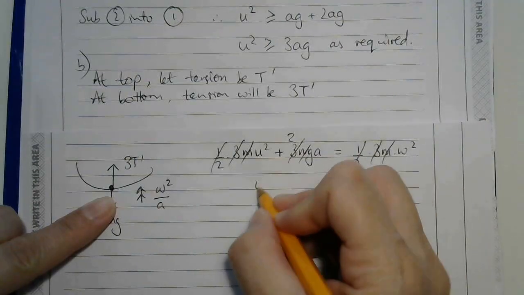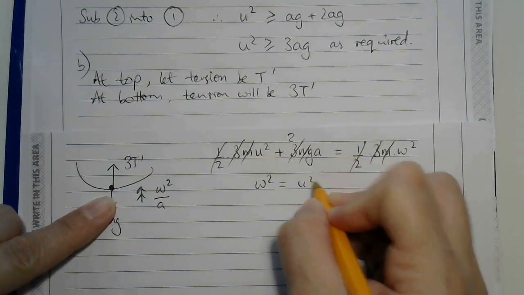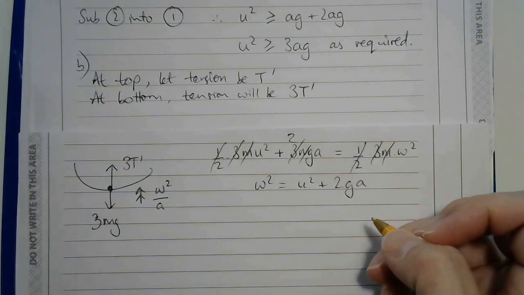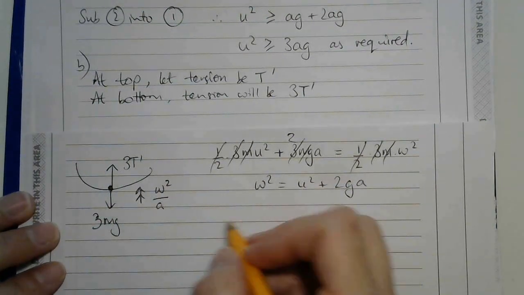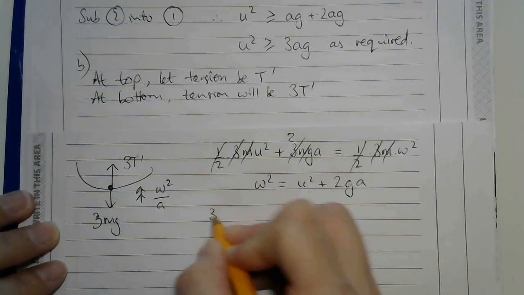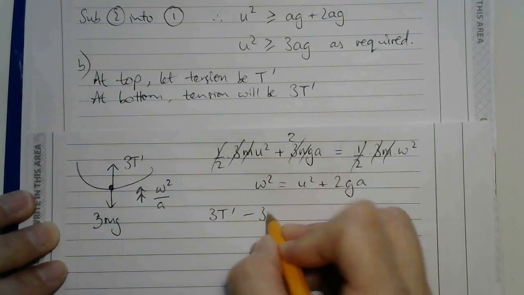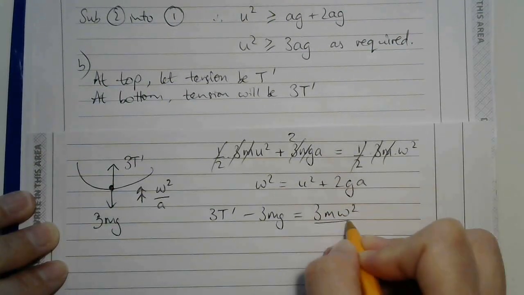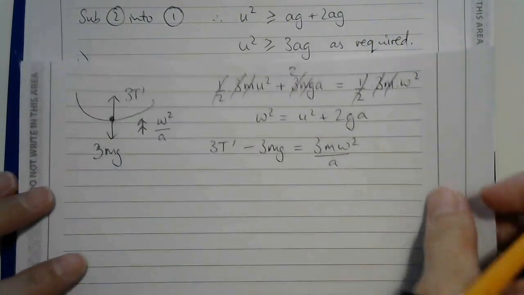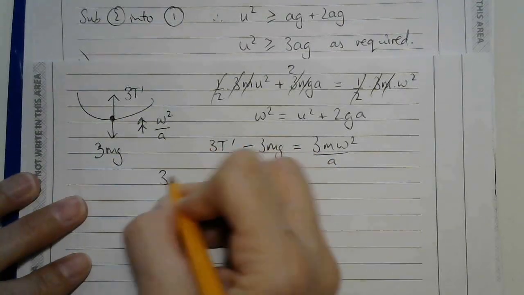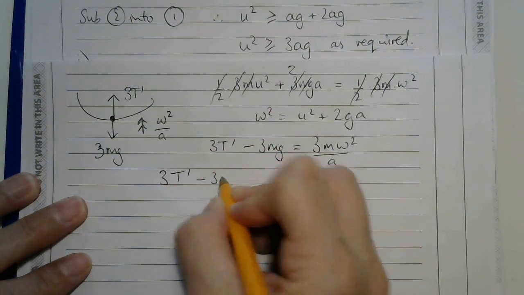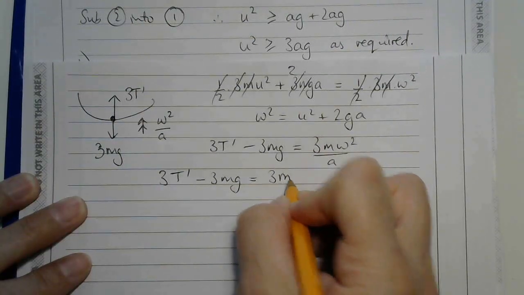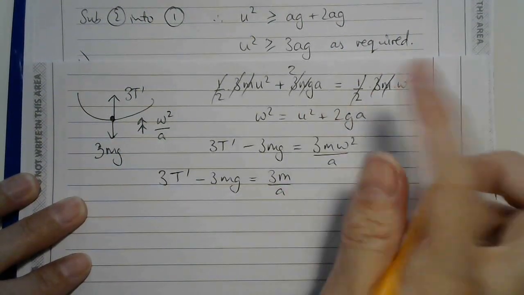So I get that w squared is u squared plus 2ga. And doing Newton's second law, I get 3T dash minus 3mg equals 3m w squared over a. So I get 3T dash minus 3mg equals 3m over a multiplied by what w squared is.